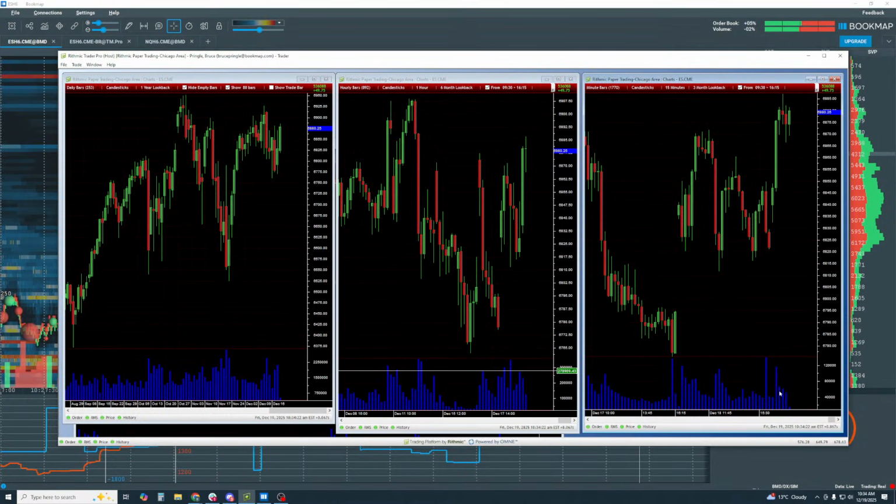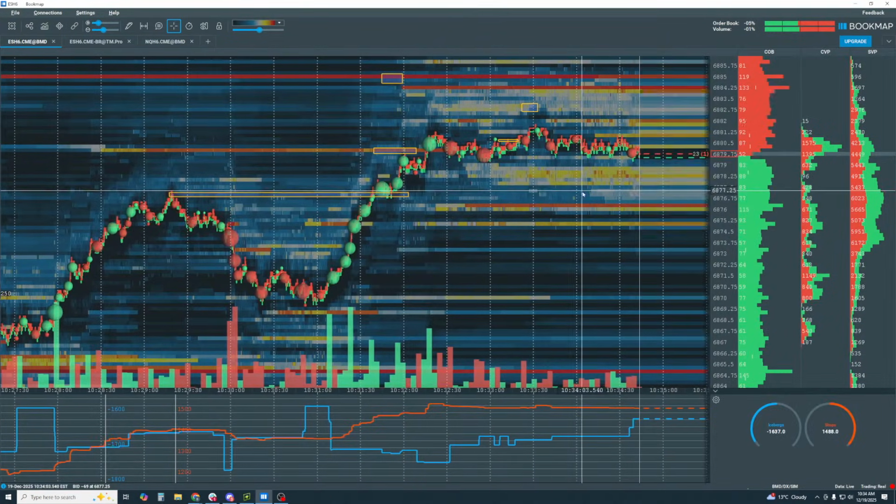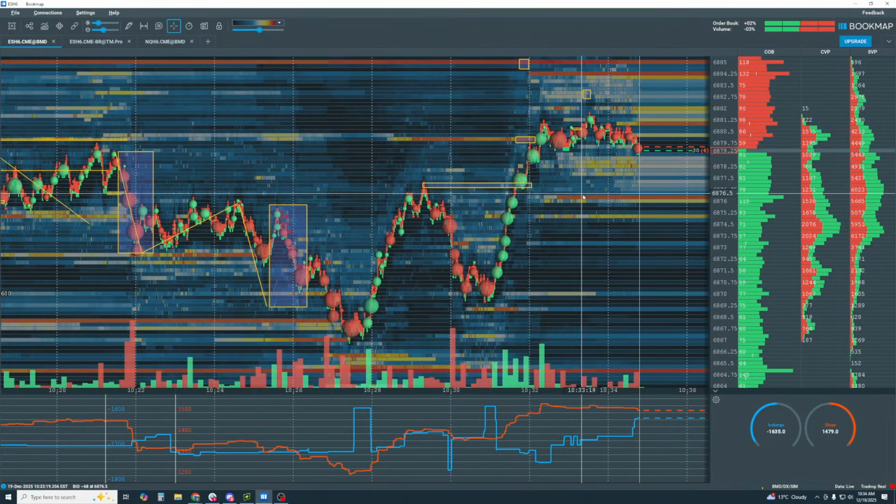But the volume is separated in a subchart. So there's a little bit of hocus pocus in here, where we don't really know what it's doing. Here, though, we see the behavior. And that's the edge with order flow.